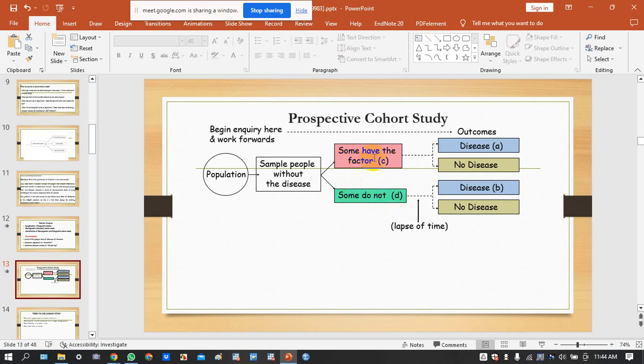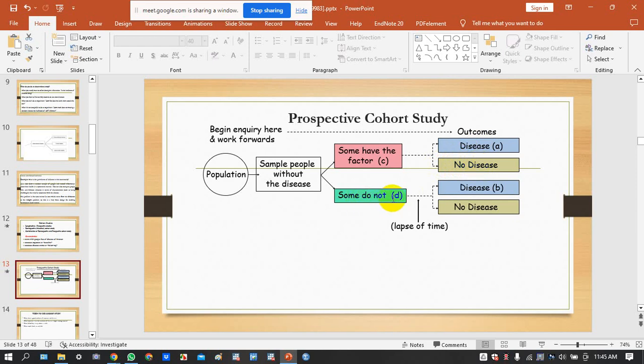Among those who smoke, some are lucky that they will not develop lung cancer. Those who drink alcohol, some have been drinking alcohol and they end up getting to 90 years of age. But some just drank alcohol for a short time and they develop a liver condition. So some will develop the disease, some do not develop the disease.